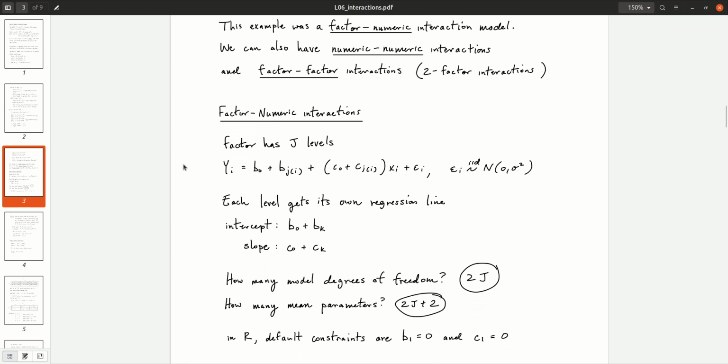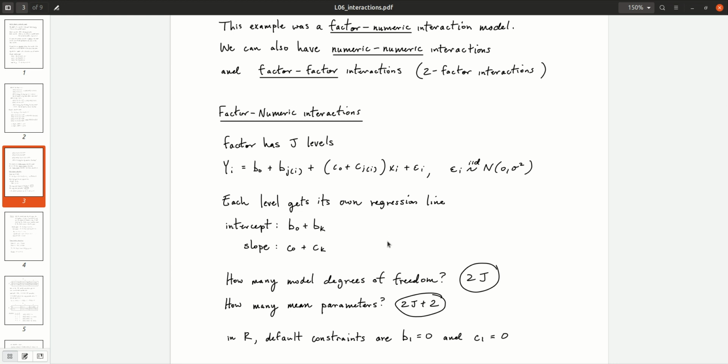So here we did a specific example, but now we're going to look at a more general form. So here the factor has J levels, capital J, and the model is the following. And the way you interpret this is that each of these capital J levels gets its own regression line.